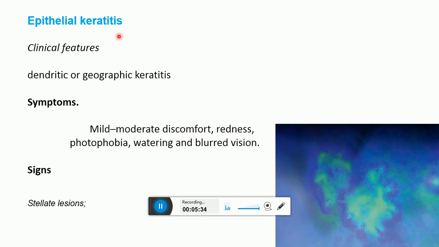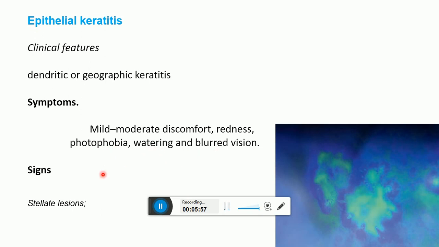Now, epithelial keratitis. Epithelial keratitis may be dendritic or geographic. It is associated with active virus replication. The symptoms are mild to moderate discomfort, redness, photophobia, watering, and blurred vision.